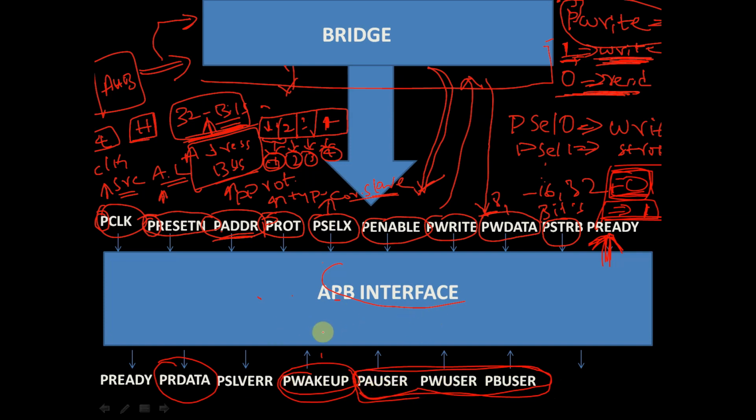So these are the signals associated with our APB interface. And the APB interface is called the completer, and the bridge which sends data to this completer is called the requester. So these are the terms associated with this.